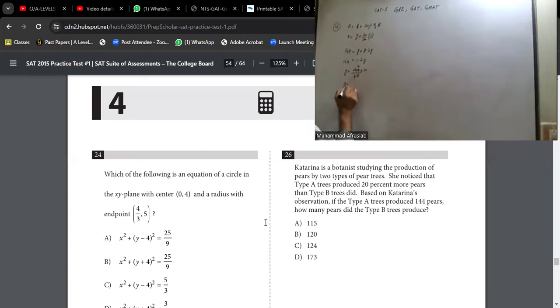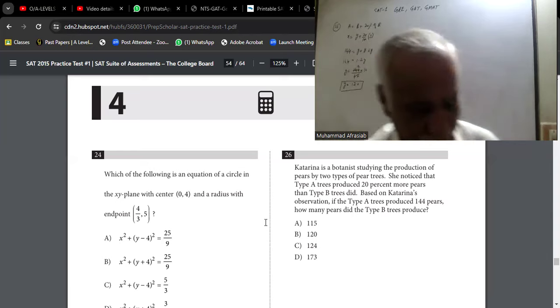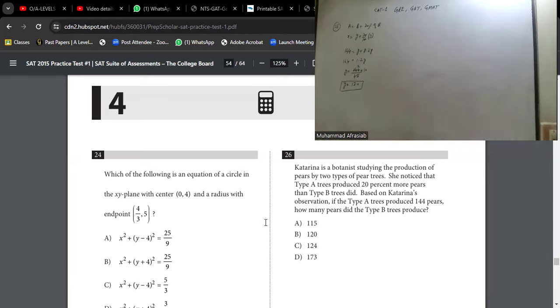So Y is going to be equal to 120. And Y is the number of pears tree type B is going to produce there. So the answer to this question part B is 120.